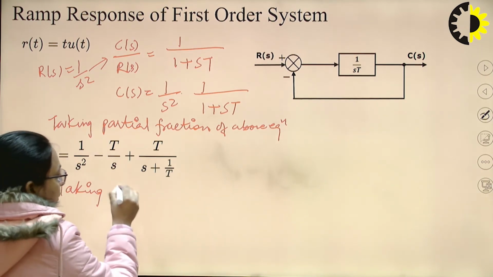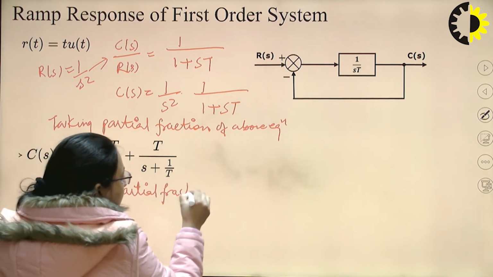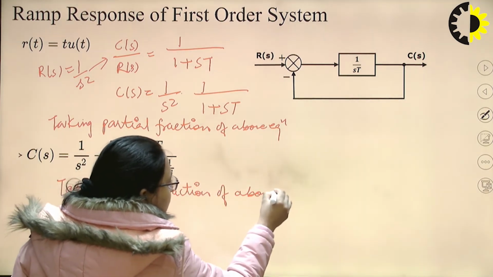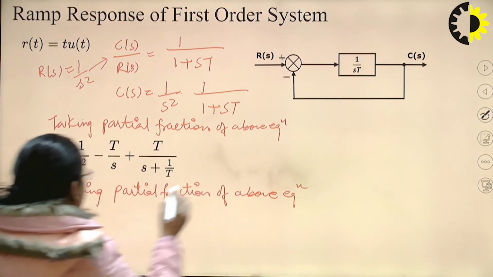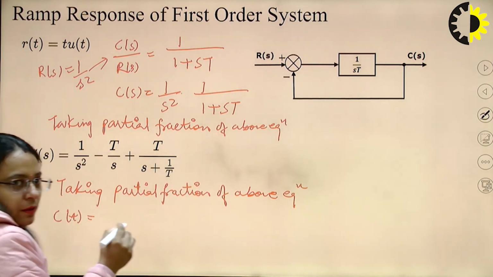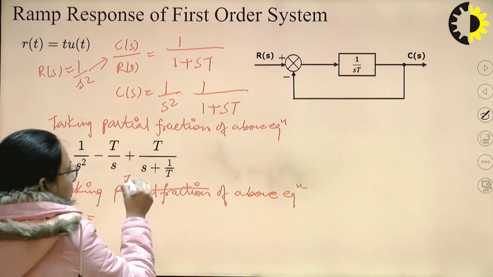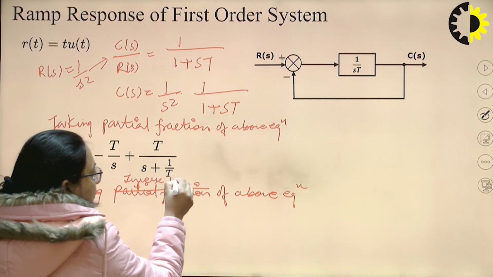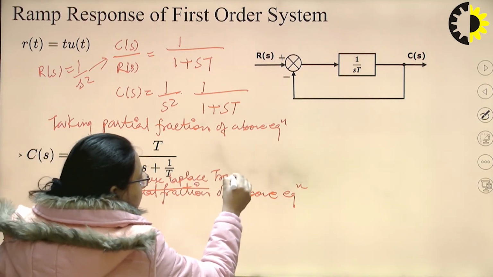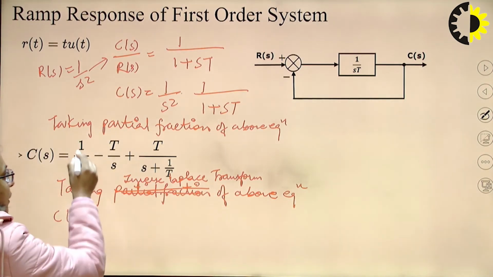So taking partial fraction of the above equation and taking the inverse Laplace transform, we get 1 by s square.